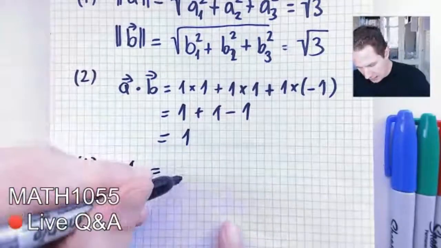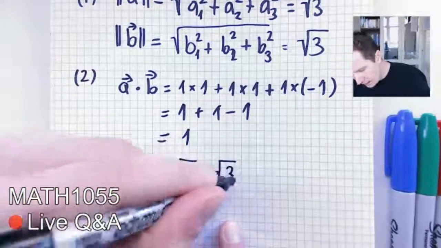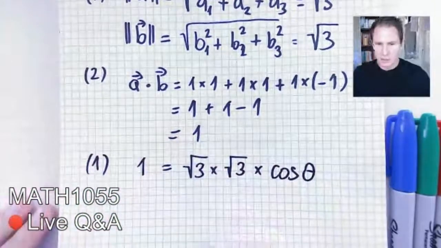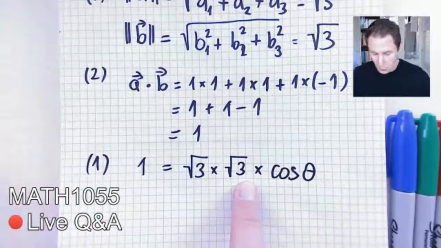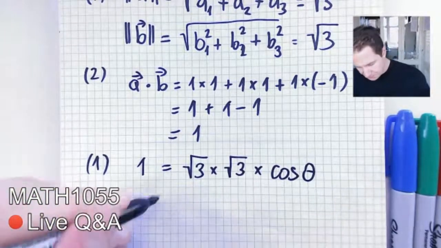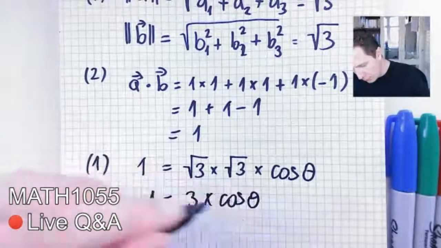And on the right-hand side, we have root 3 times root 3 times the cosine of theta. Root 3 times root 3 is just 3. And dividing by 3, we get the cosine of theta.